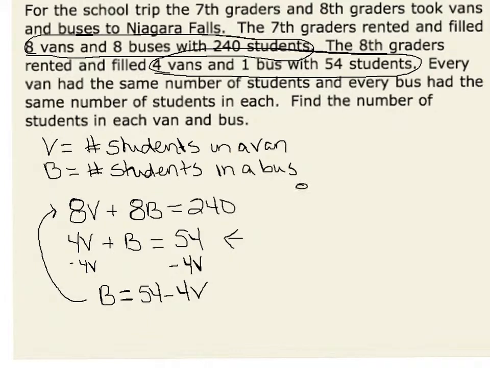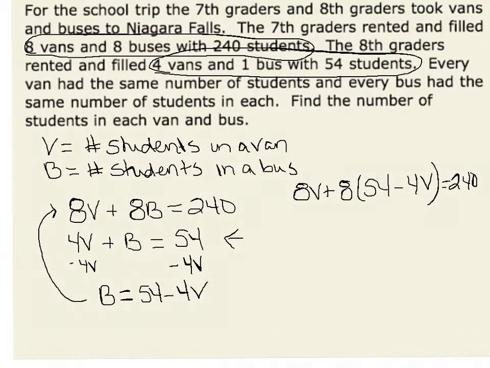This would give me 8V plus 8 times B, and B is 54 minus 4V, and that should equal 240. I'm now going to simplify my left-hand side. Using the distributive property, my left-hand side will simplify into 8V plus 8 times 54, which is 432.